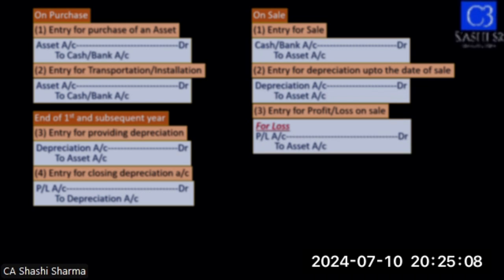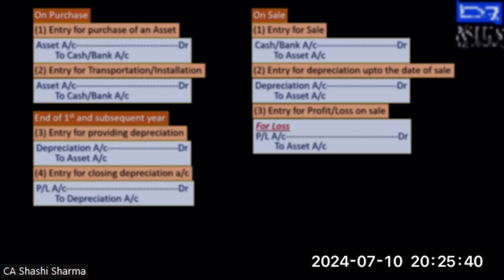Then the third entry is for profit or loss. And you have to calculate the profit or loss on this transaction. There can be two situations. Either there is a loss or there is a profit. If there is a loss, profit and loss account will be debited and asset credited.